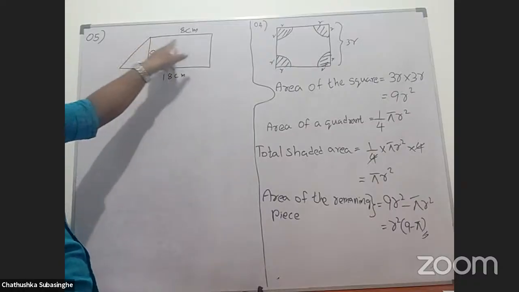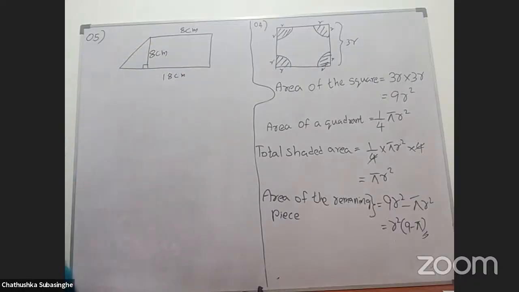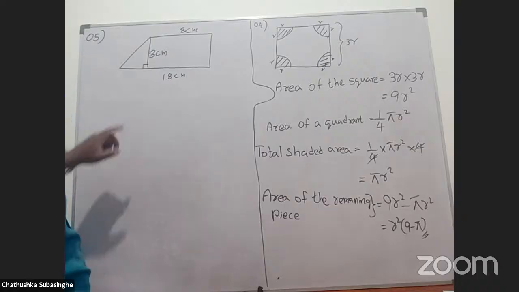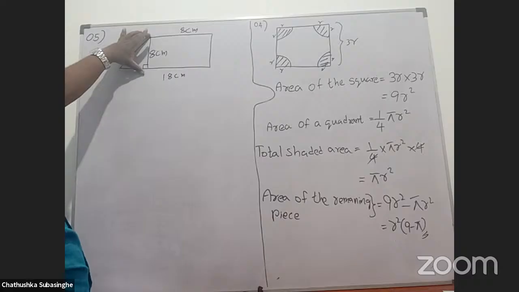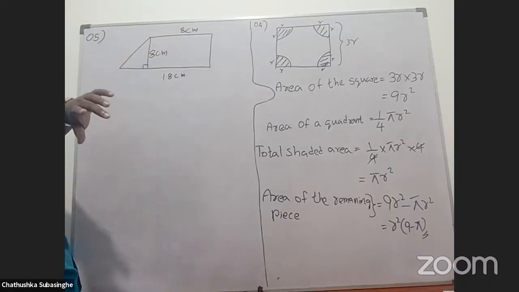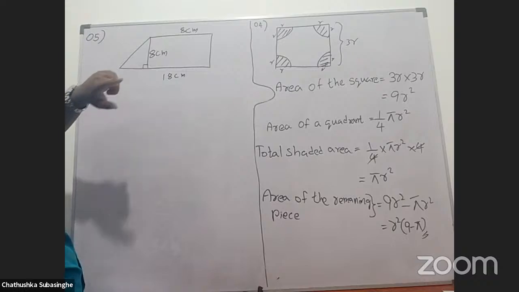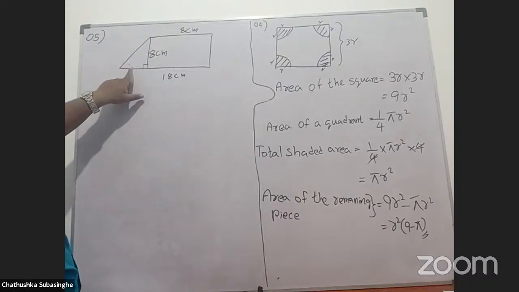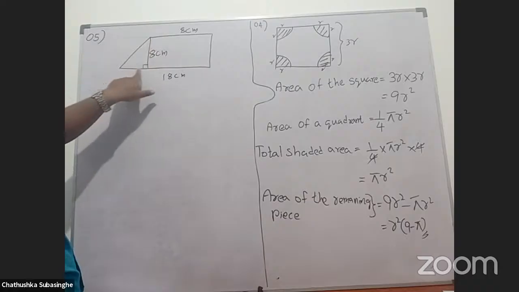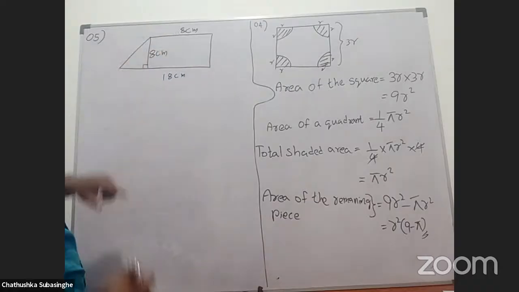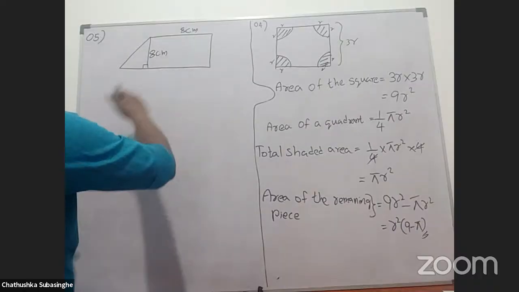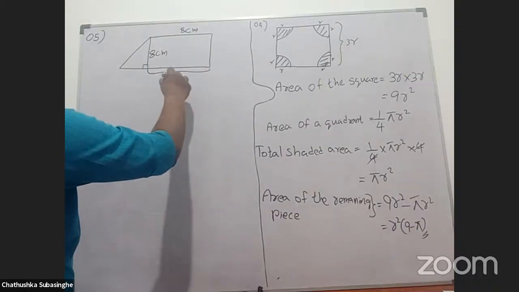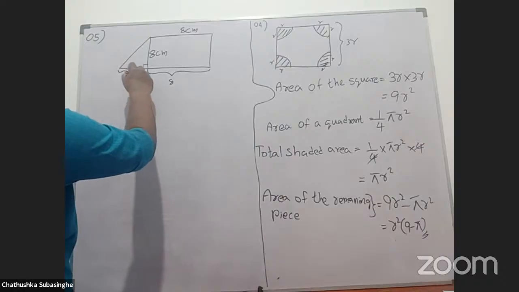I know that this is 8 centimeters because this is a trapezium, right? Here we have a 90-degree angle, and these two are parallel. How did I know? If this is 90, this is also 90, right? So this is a rectangle. And here I have 8 centimeters. So this part is 8 and this part is 10.